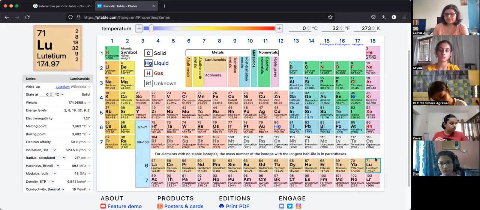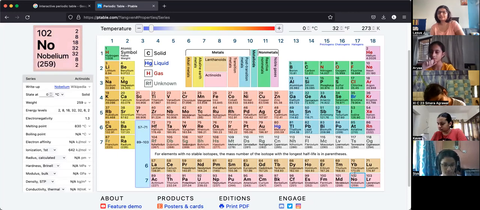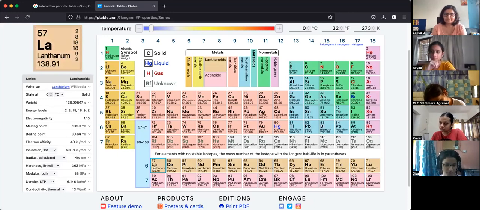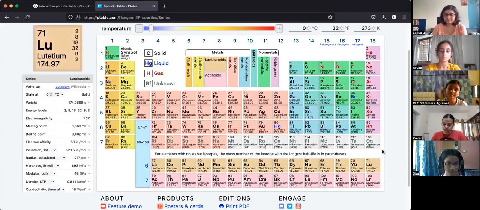In f block elements the last electron goes into the f orbital. There are only 2 f orbitals possible so far, the 4f and 5f orbitals. The third shell doesn't have f, you just have up to 3d, and then 4s, 4p, 4d, 4f and 5s are the only ones possible.